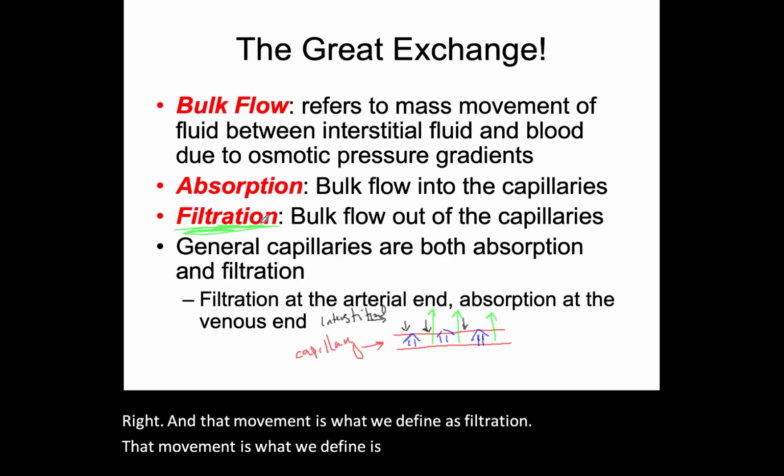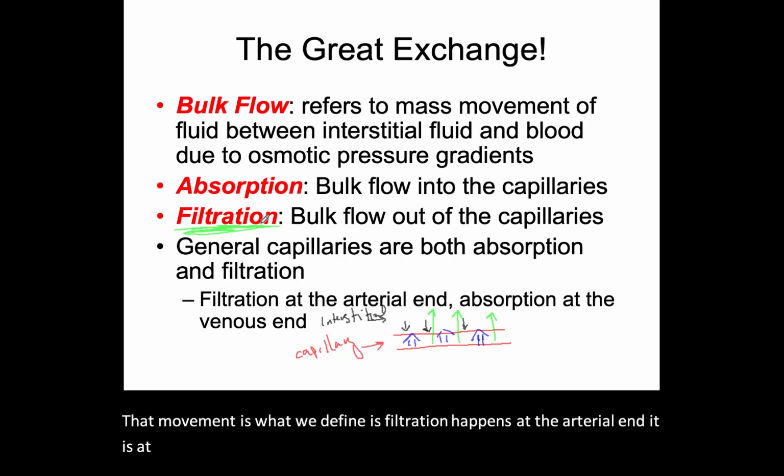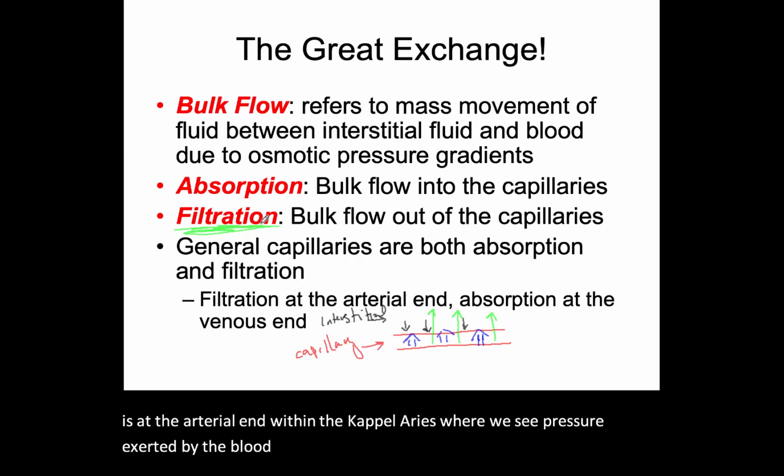Filtration happens at the arterial end. It is at the arterial end within the capillaries where we see pressure exerted by the blood on the capillary being greater than the pressure of the interstitial fluid pushing back on the capillary.